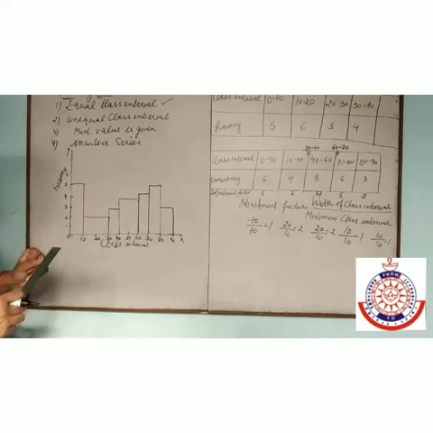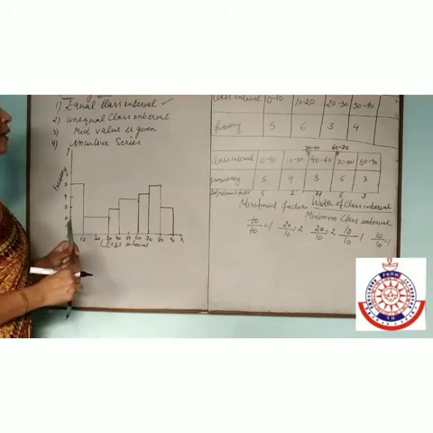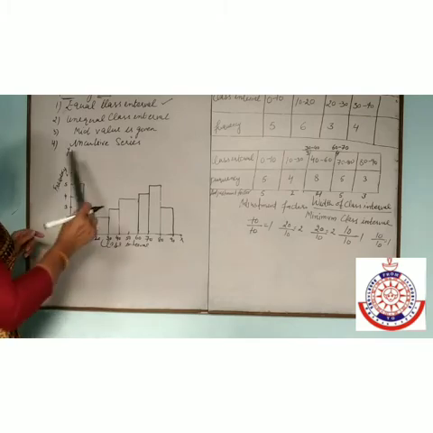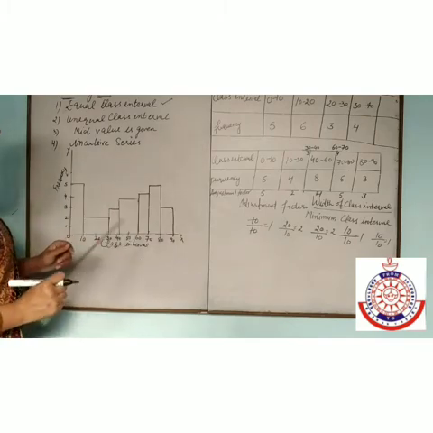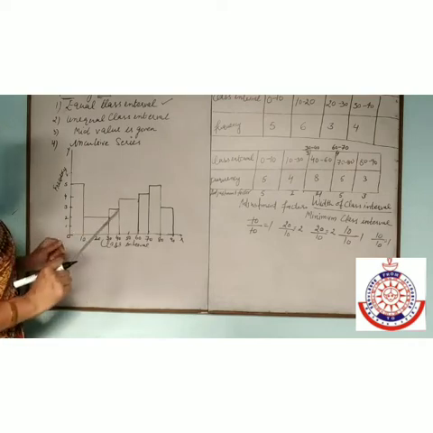Third is when mid value is given. Sometimes the mid value is given, we have to adjust the mid value according to class interval. After that, we will make the same histogram.